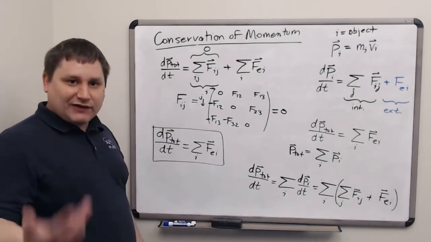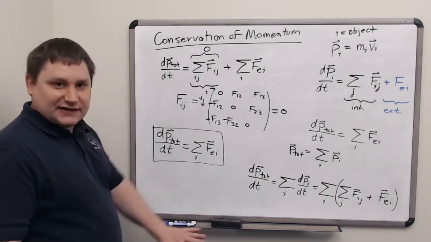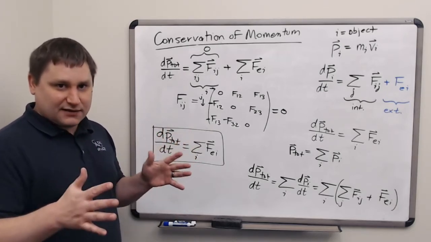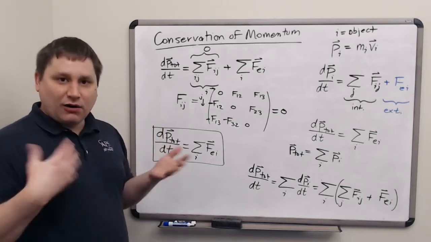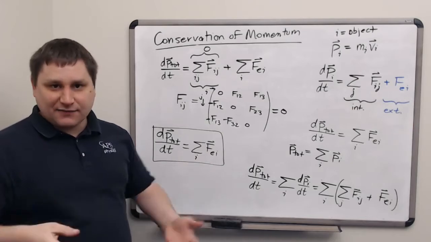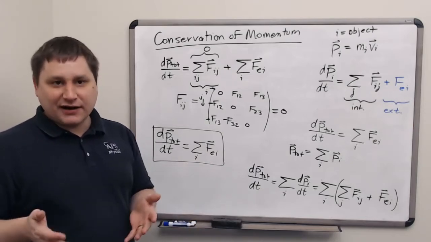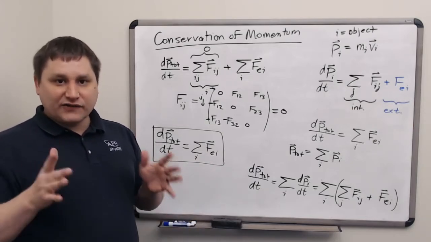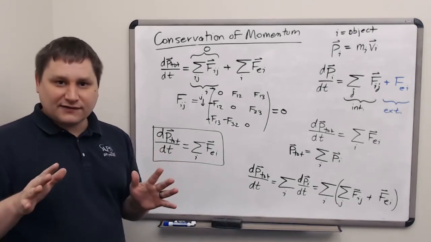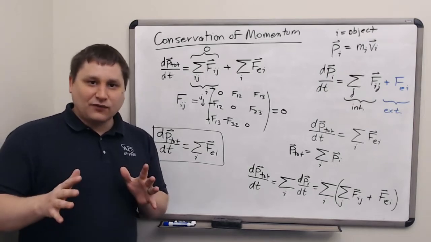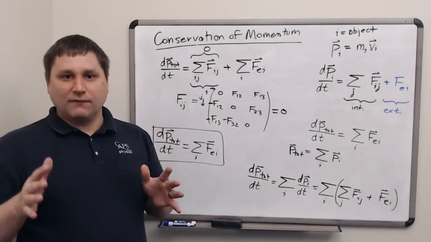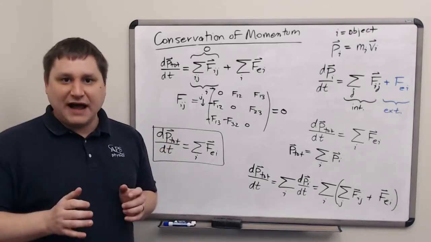But those qualitative conclusions are, if you have a system of many, many particles and you treat them all as one thing, like, say, all of the atoms in a basketball. They're all different atoms. They're all pushing on each other. They're all vibrating and stuff. But all of those internal forces, no matter how many of them there are or what weird laws they obey, those internal forces don't amount to anything when we consider the overall motion, the overall momentum of that basketball.